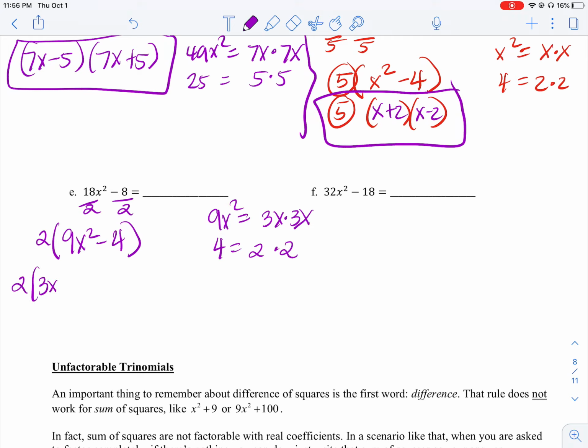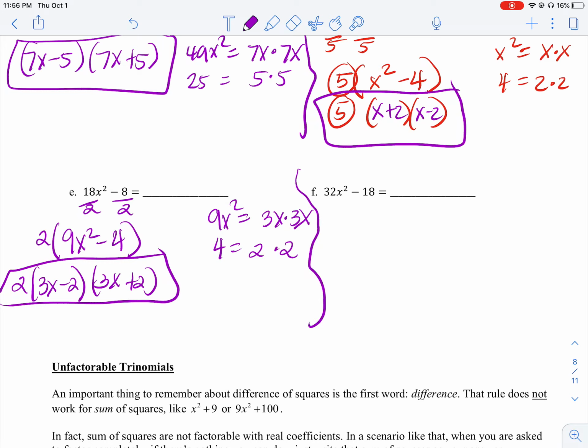So this is 3x minus 2, 3x plus 2. And it doesn't matter which one you write first. You can write 3x plus 2 and then 3x minus 2. It doesn't matter.